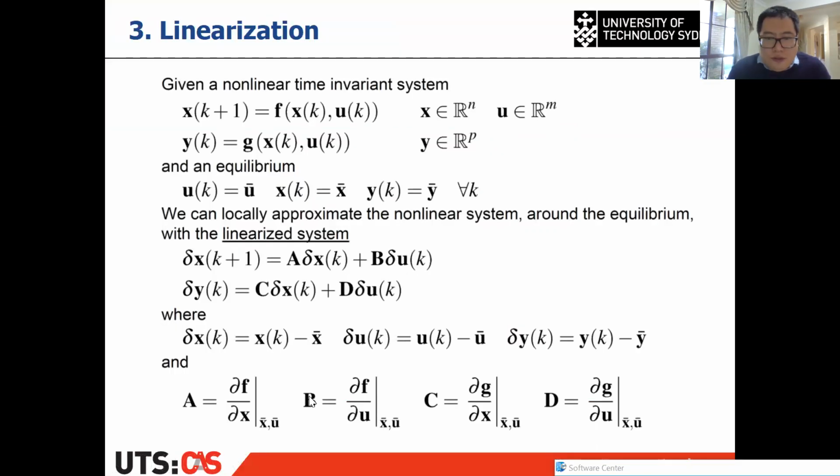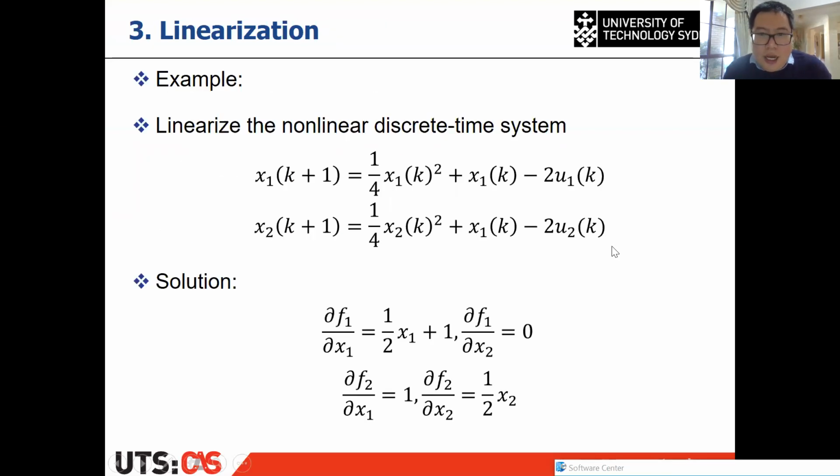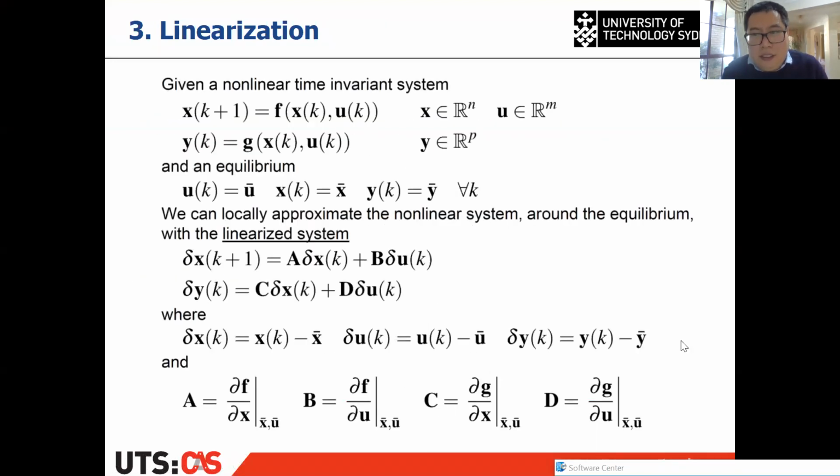The partial derivatives are evaluated at the equilibrium point. That's why we need an equilibrium point to do the linearization. And also, if you come back to the system, it is delta x instead of the original x anymore, right? It is delta x, delta y, and delta u instead of the original x, y, and u.